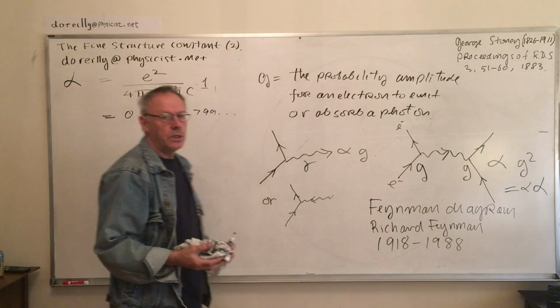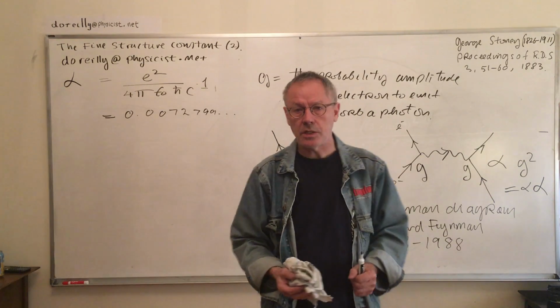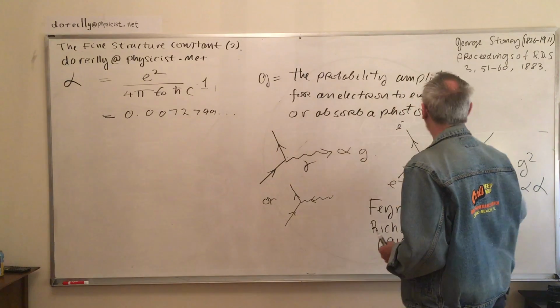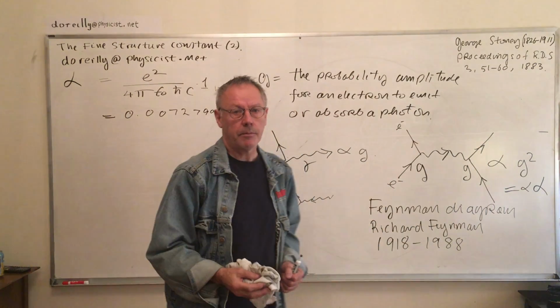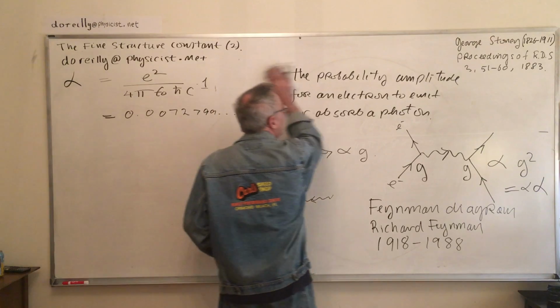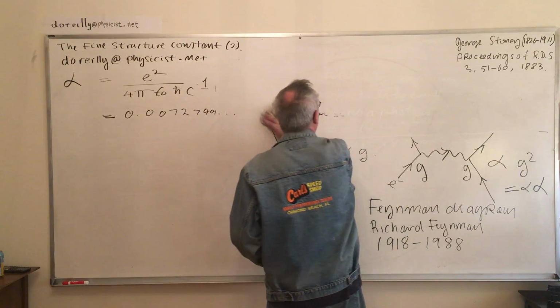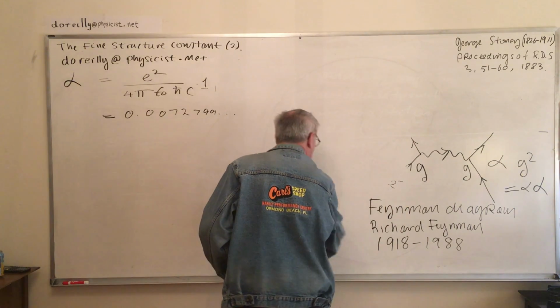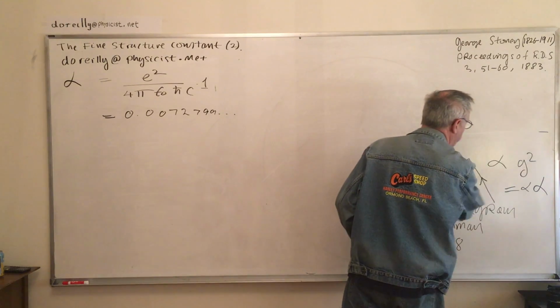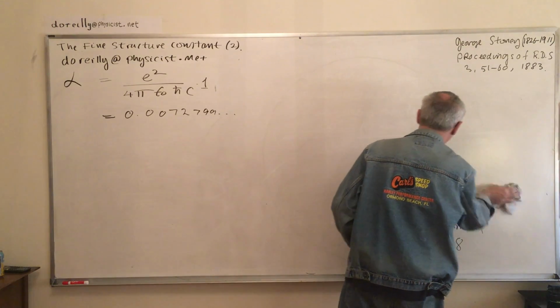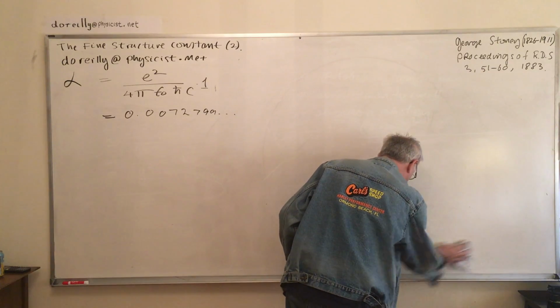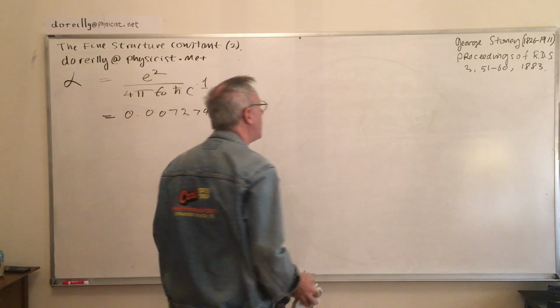Now, another great and unsung hero of natural philosophy is George Stoney, 1826 to 1911. He did many things. He recognized the electron as the fundamental unit of electricity. He named it such, a slightly different form of the name that was used, but he did many other things as well.